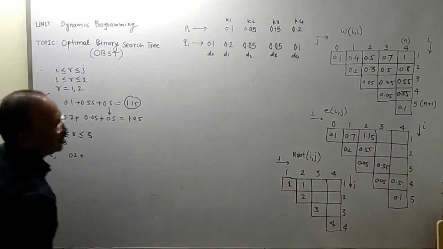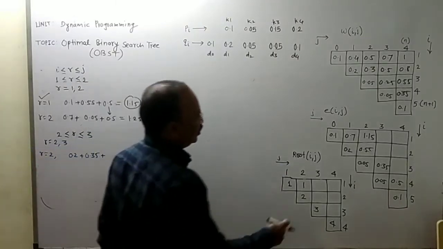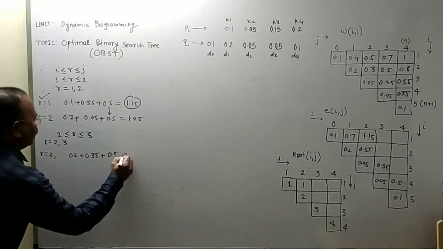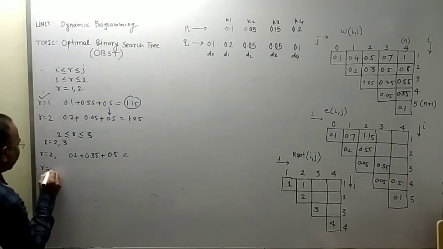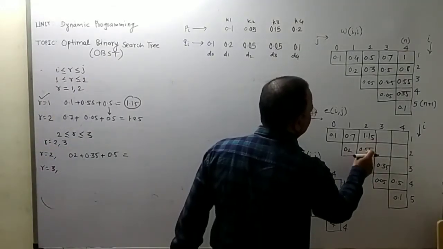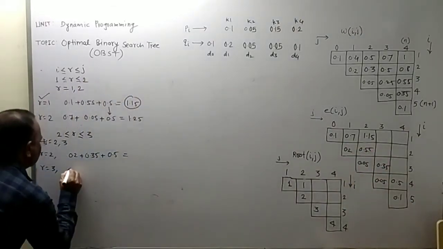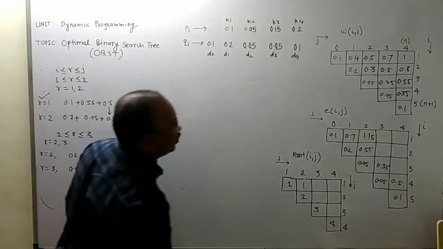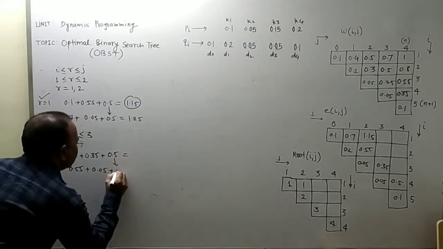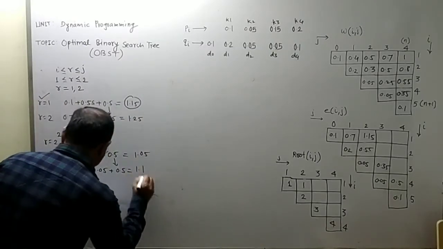0.2 plus 0.35 plus the value at the 2, 3 position in the W table, that is 0.5, is equal to 1.05. Now the equation for r is equal to 3: in the left side consider the nearer value 0.55, in the downside consider the last value. 0.55 plus 0.05 plus 0.5 is equal to 1.1.